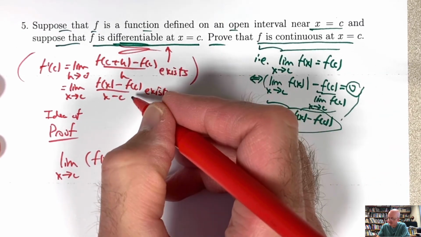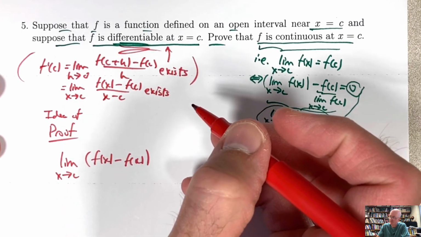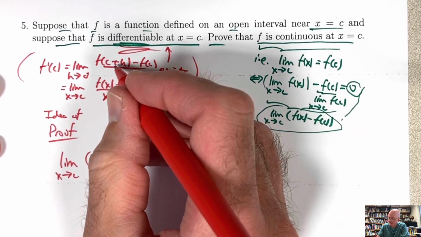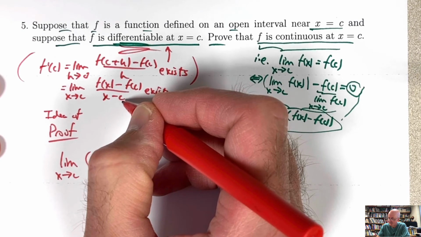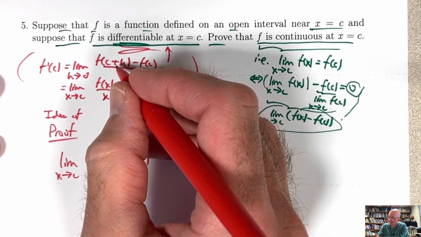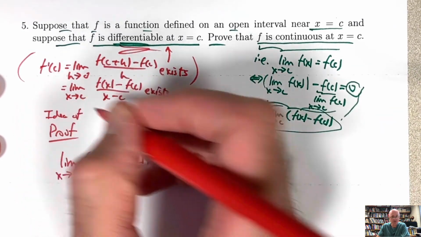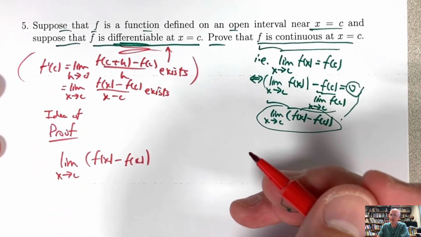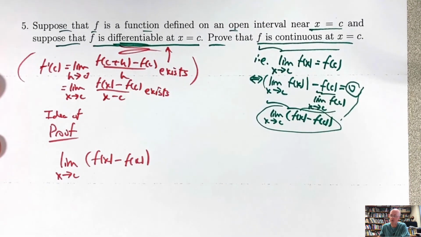Effectively, to get from this limit to this limit, you just let h equal x minus c, or equivalently, x equal c plus h. You replace c plus h with x here, replace the h with x minus c here. It's really the same limit. If x equals c plus h and h is going to 0, then x is going to c. And so we write x goes to c. It's still the limit of a bunch of secant lines to give you, by definition, the slope of the tangent line.